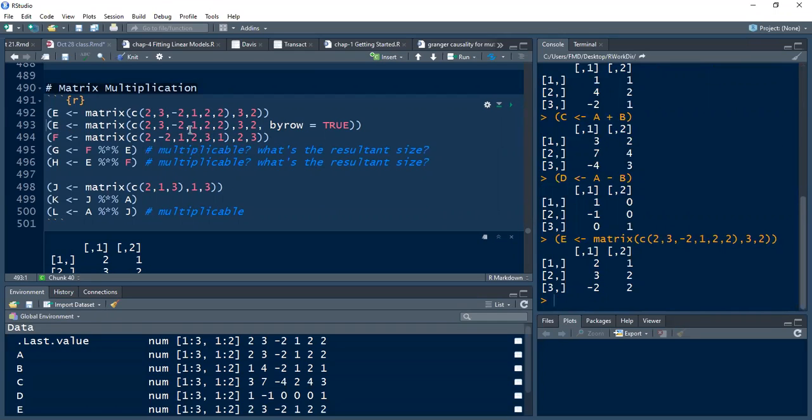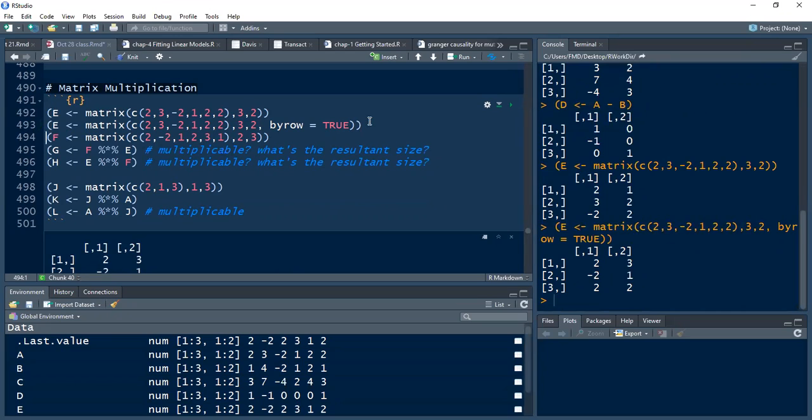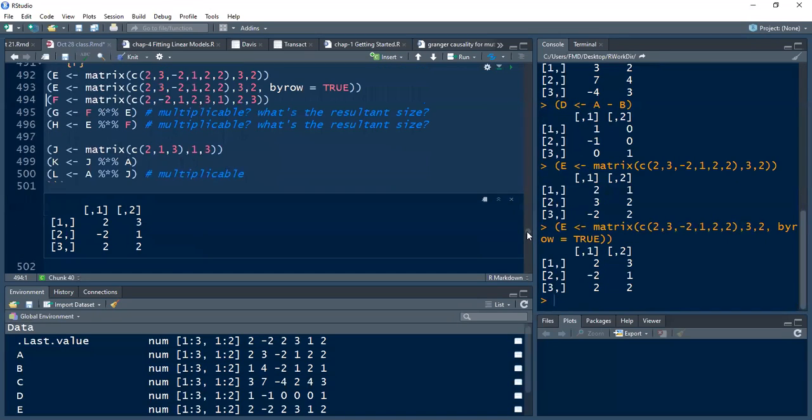Now, if you want this to be inputted by row, then we have to indicate byrow equal to TRUE because the default is by column. The elements will be inputted by column. So let's run this. How does this matrix now differ?